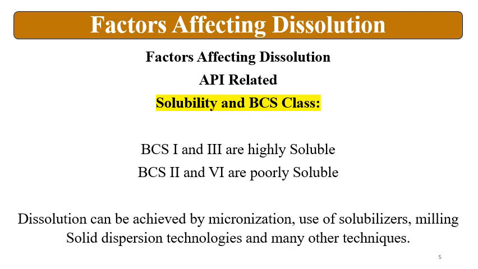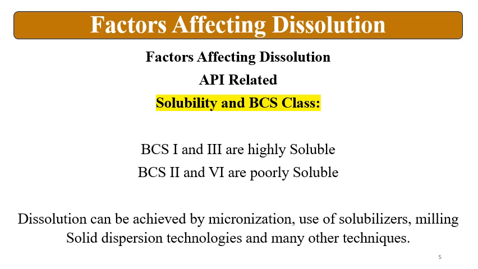Then another is the solubility and the BCS class. BCS class 1 and 3 are highly soluble. BCS class 2 and 4 are poorly soluble. Dissolution can be achieved by different technologies like micronization, use of solubilizers, milling techniques, solid dispersion technologies, and use of some complexing agents like cyclodextrins.